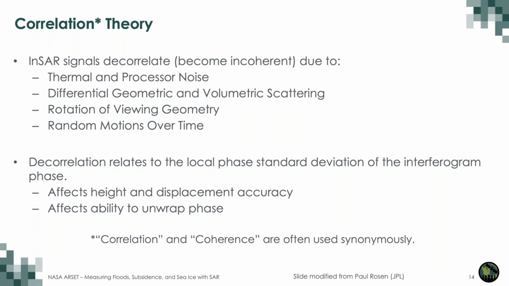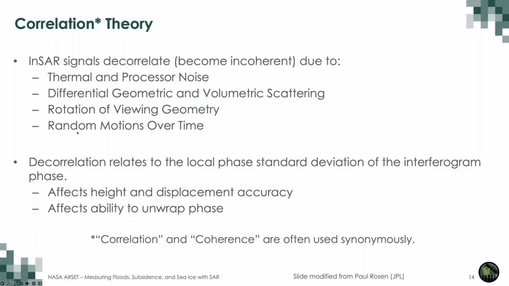There's the thermal and processor noise that's introduced in the radar acquisition and in the radar signal processing. That's generally pretty low in most cases. There's the effects of the geometry. If the radar antennas are further apart, then we start to get some different geometry and volumetric scattering. In some cases, if the radar antenna is rotated, that adds to the noise.